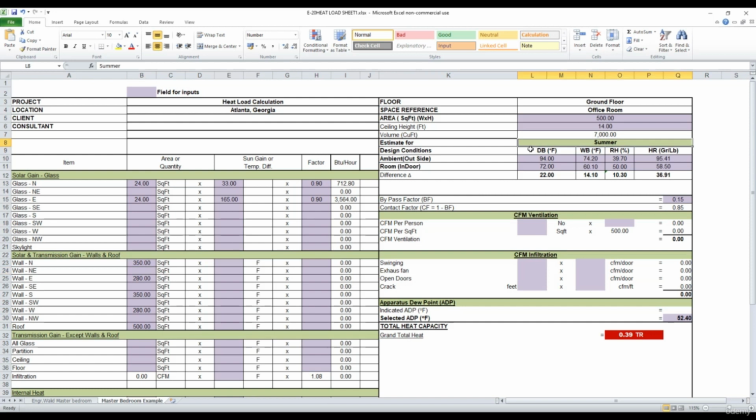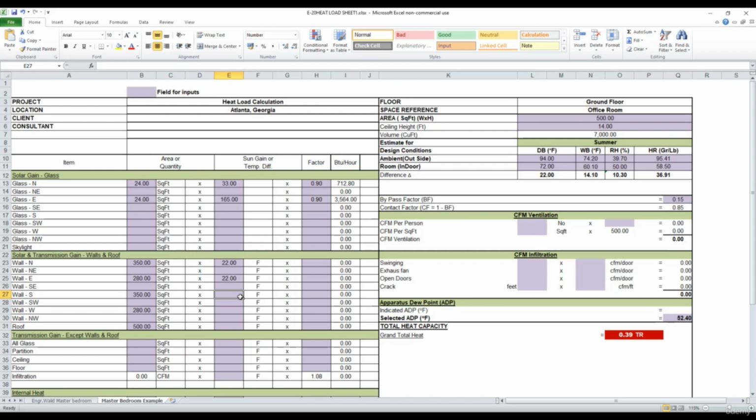As we can see on the table on the right, which we have plotted earlier, the difference in temperature is 22 F. So we are going to fill in the TD of 22 F for the north and the east wall, which are exposed. But for the partition wall, we are not going to consider the exact difference of 22 F. The reason being the room on the other side might not be that high in ambient temperature.